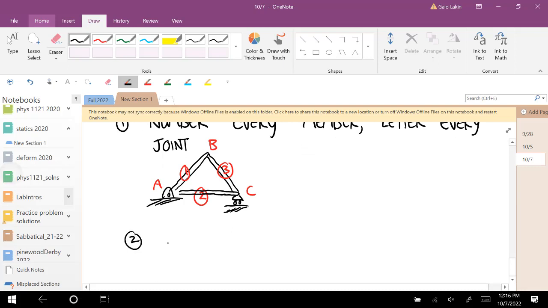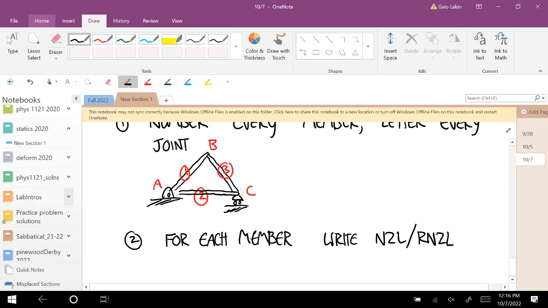And now, one by one, for each member, write Newton's second law and the moment equation. So you're going to do a rigid body analysis of each one of those members, write out the table and everything.